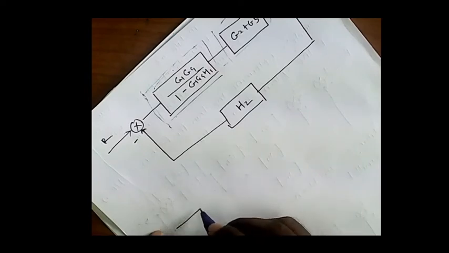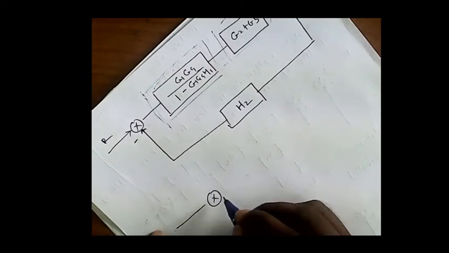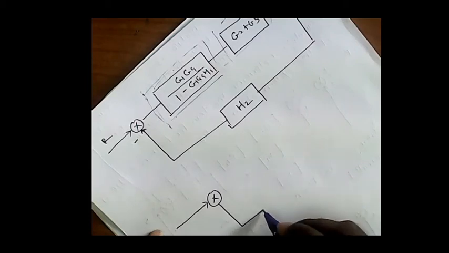So after reduction we get G1 G4 over 1 minus G1 G4 into H1, times G2 plus G3.